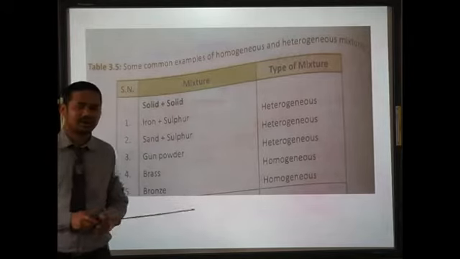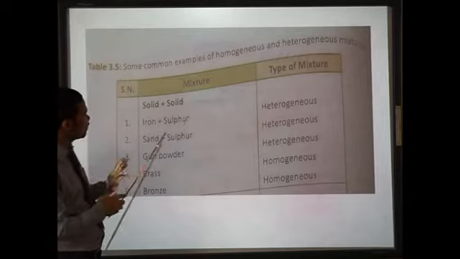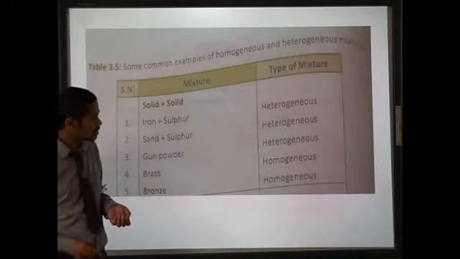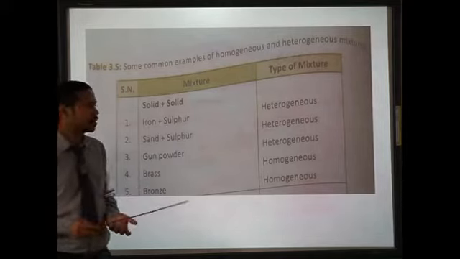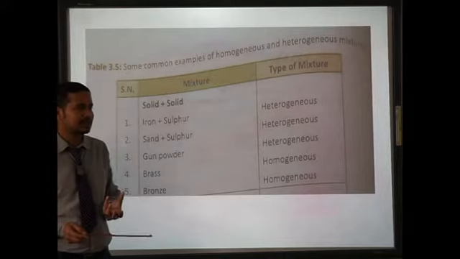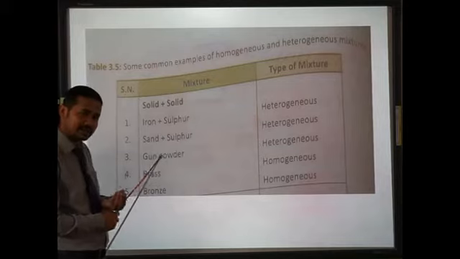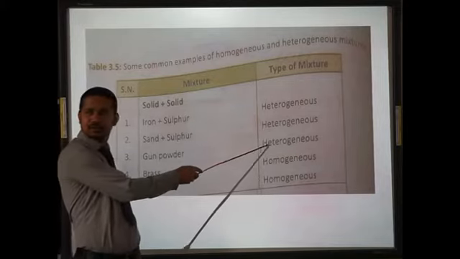Sand and sulfur, if you mix, then also they will not get mixed uniformly. So it also forms a heterogeneous mixture. Then gunpowder. Gunpowder is a mixture which is explosive. So gunpowder is also a heterogeneous mixture.